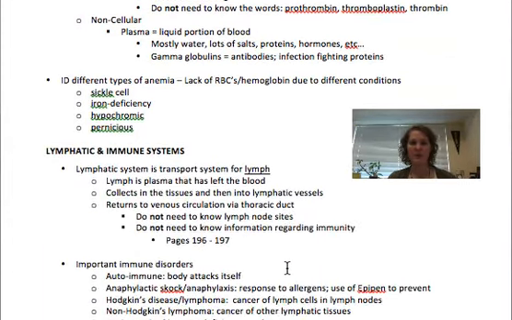So moving on to the immune system here, we've got a couple different parts that we're going to talk about. Basically, the immune system and lymphatic systems are pretty closely tied. The immune system is sort of within the lymphatic system structure.